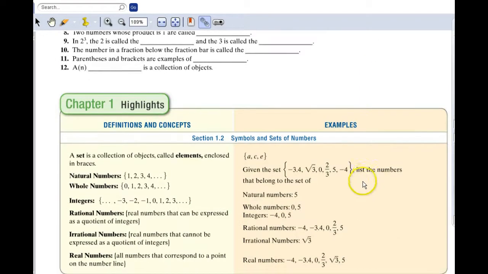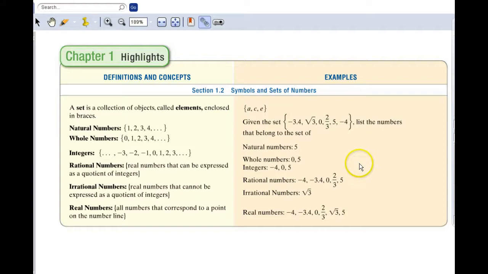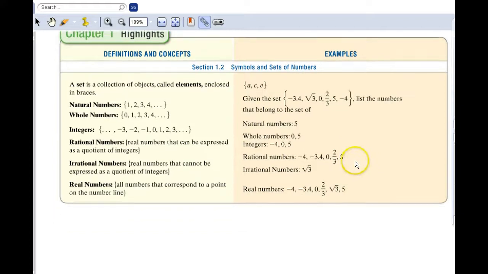We're going into what is called now the Chapter 1 highlights. Now, again, this is all in your textbook. You just have to go online to the end of the chapter, and all of this is there. So, just looking over again some of the words, some of the examples here.